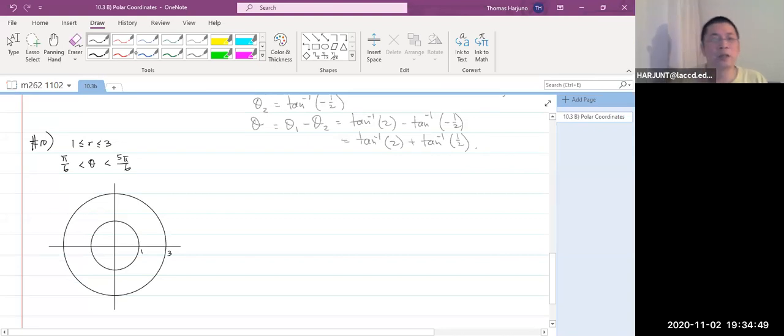Okay, and then theta is between pi over 6, 30 degrees here, to 5 pi over 6, 150 degrees.